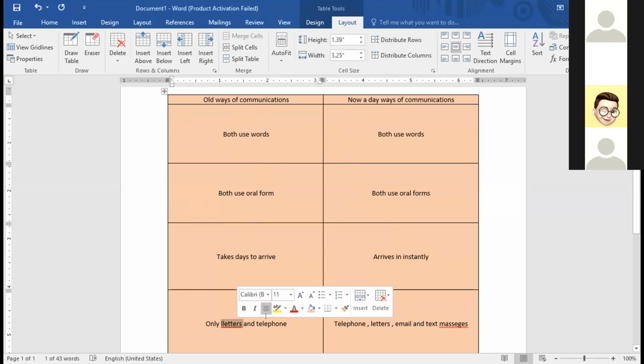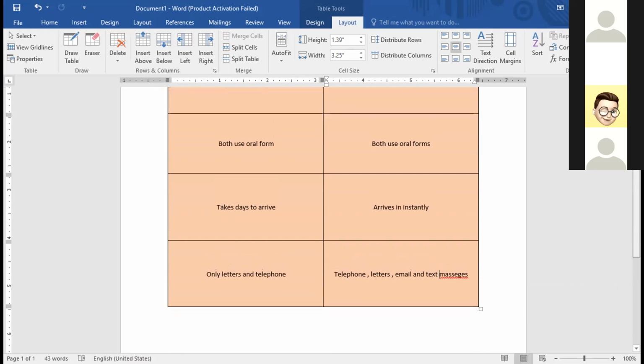Instantly, very good, which means in a minute. Amazing. Delete the first L. In old ways, there are only letters and telephone, but nowadays there is telephone and letters and email and text messages and a lot. Very good. Go down. Show us more. That's it?